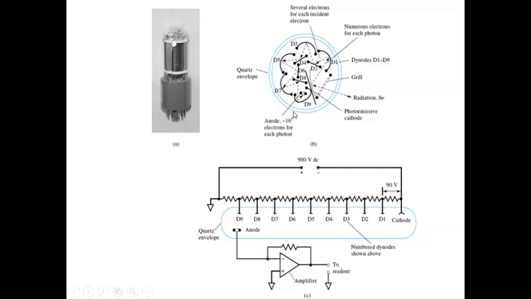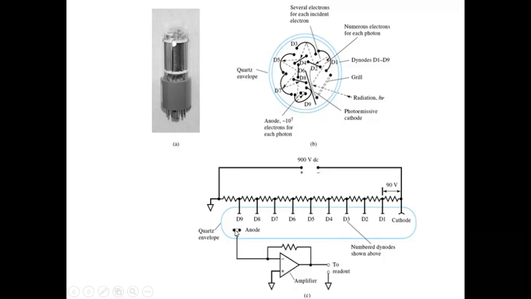And then those electrons will go to the anode, and then the electrical signal will transfer to the readout device. In the bottom figure, C, you will see there's a cathode and 9 dynodes and then the anode.